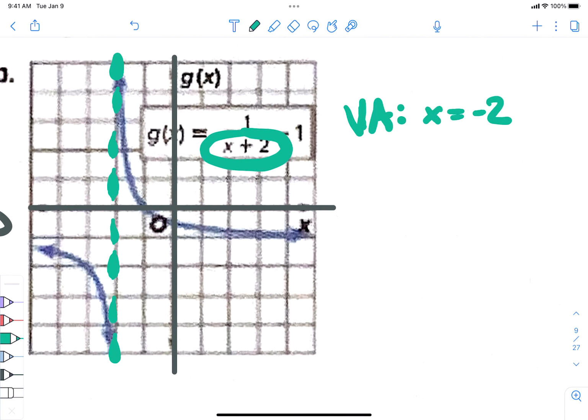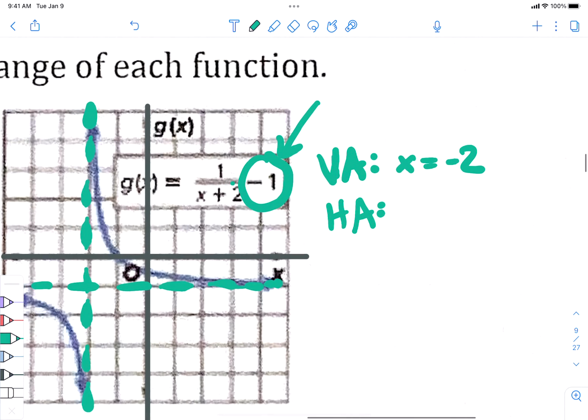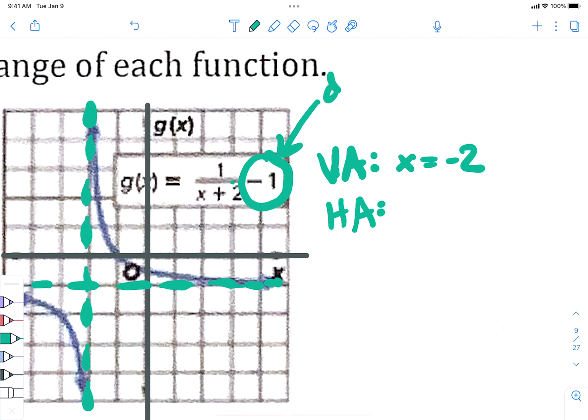Okay. The horizontal one is not at 0 anymore. Where's the horizontal one located? At -1. Okay, what in the equation tells you it's at -1? This number is moving it down 1.